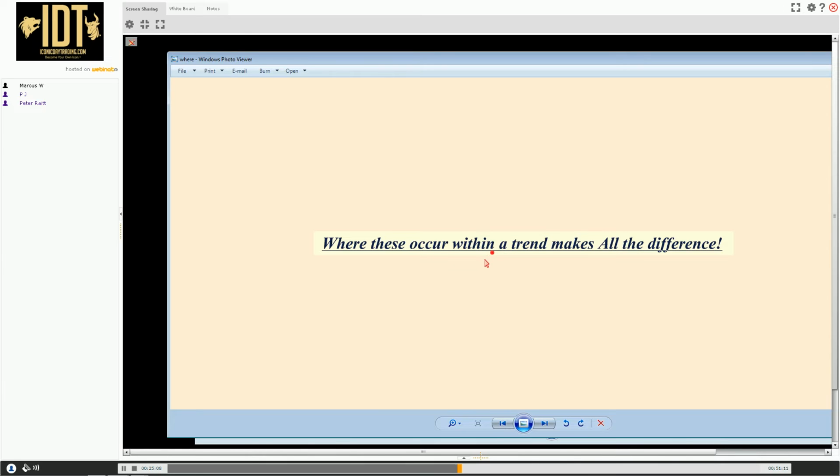And that's what you need to start recognizing, where the candles are occurring. It's just as important as a candle itself. You need to know where they're showing up on a chart or in the trend. Because they will not mean anything if they're not in the right place.